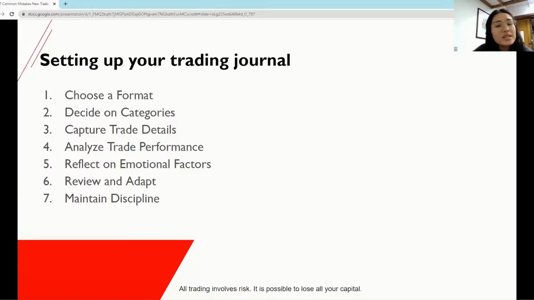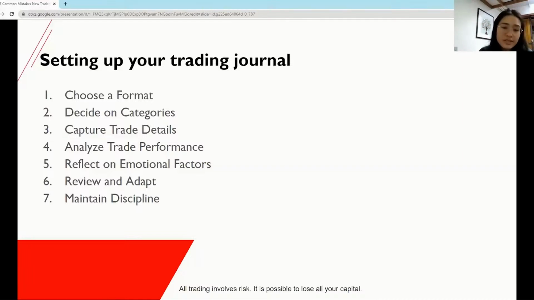So can be the date and time of the trade, trade symbol, entry and exit prices, position size, stop loss, take profit levels, trade duration, and trade outcome. So you can also include additional categories if you wish, such as your emotional state, market conditions, trade rationale, and so on and so forth.